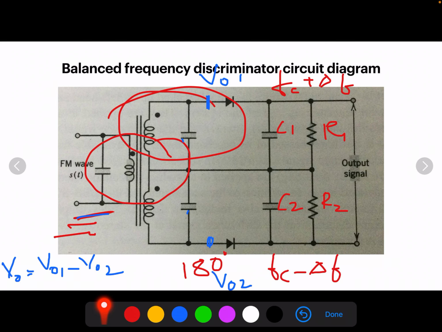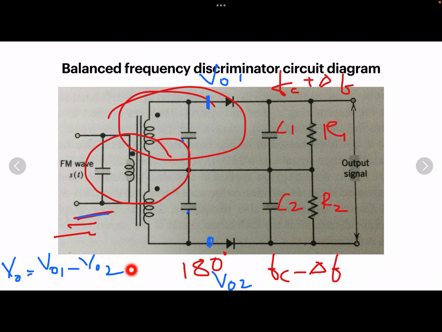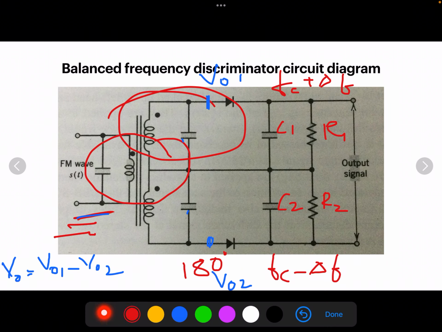The output voltages VO1 and VO2 are equal but have opposite polarities. So what is the output voltage VO? They are equal but opposite polarities, so VO is equal to 0. This is the first case when Fin is equal to Fc.